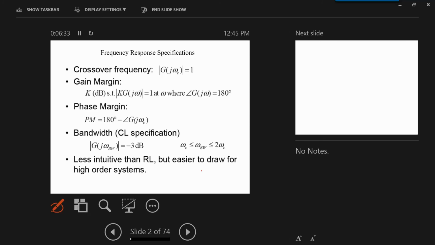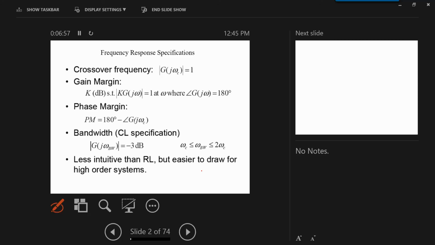Sir, is there an explanation for the minus 3 dB? Well, we said it last time. This is when the magnitude equals 1 over square root of 2. The magnitude 1 over square root of 2 gives me minus 3 dB.